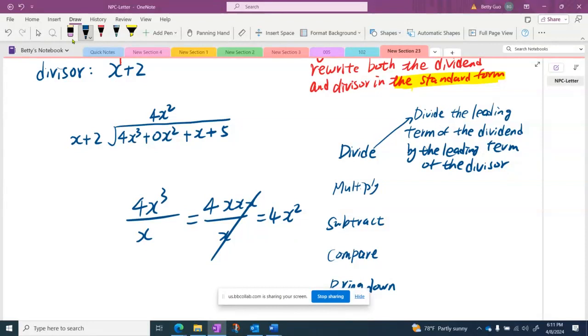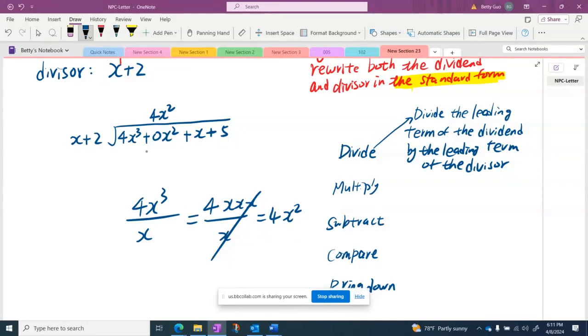All right, so that's the first step, divide. Let me repeat the first step. Once we have the standard form of the dividend under the roof and the standard form divisor next to the roof, we can start the procedure. With the first step, divide. Divide what by what? Divide the leading term in the dividend by the leading term in the divisor.